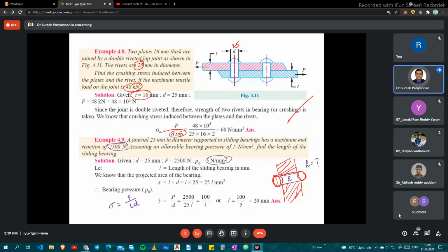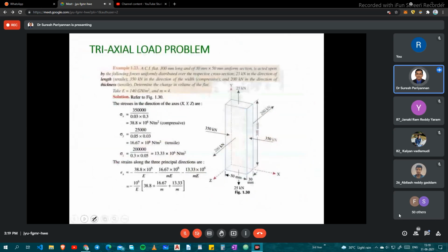Substituting directly, the length of the journal is 20 mm. This kind of question you may expect in the objective exams, not in our descriptive type exams.